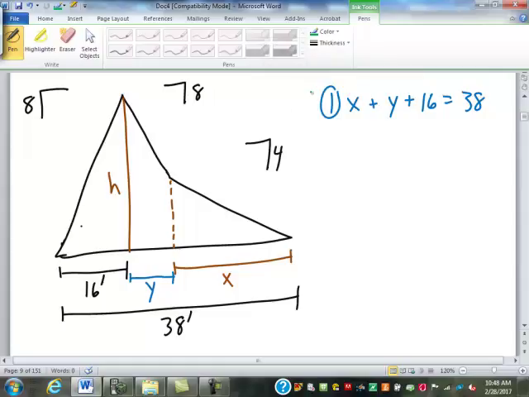Now, before I go any further, you guys see where the x plus y plus 16 comes from? Just adding up my pieces across the bottom here. Before I go any further, I'm going to subtract 16 from both sides. So I get that x plus y equals 22. So there's my equation 1.